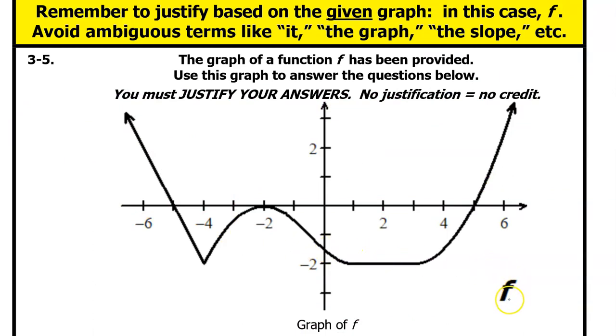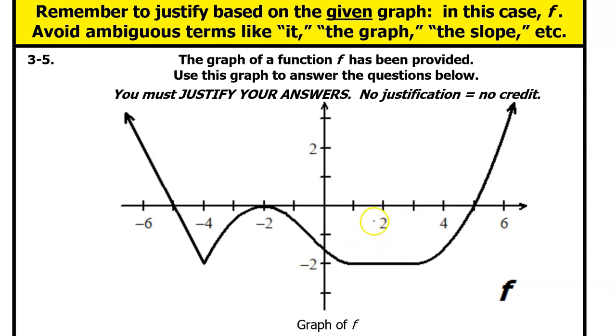This is the graph of function f. We will use it to justify our answers to the next few questions. When you justify your answer, remember to avoid ambiguous terms like "it," or "the graph," or "the function." Instead, you will be very specific and say things like, function f is negative at x equals 2.